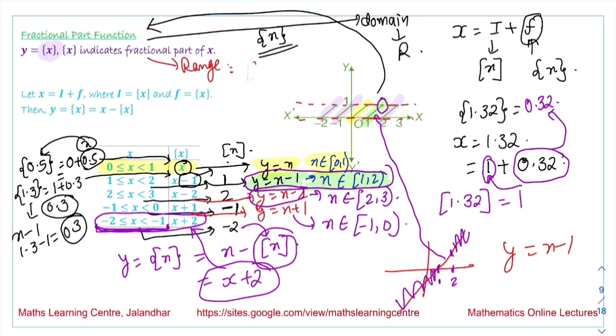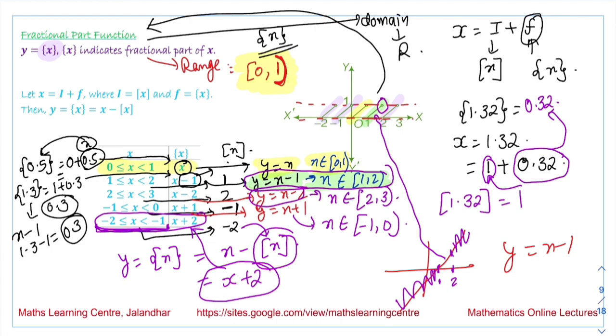The minimum value we have is 0, but it cannot attain the value 1. So we are saying the maximum value, it is up to 1. So this interval is open from this side. So the range of this function is 0 to 1 with the bracket, closed from the side 0 and open from the side 1. So this is the range of this function.